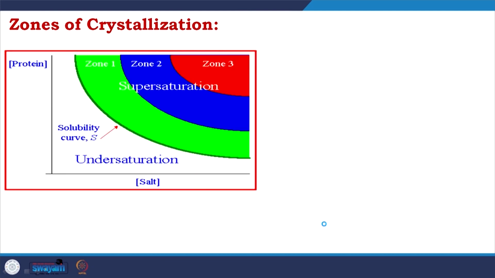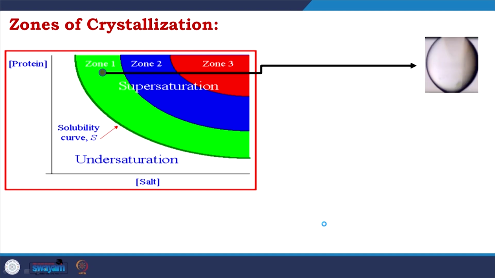Now, what is the effect of controlling? Before going to that, I will come back to what I have already described, the zones of crystallization. You remember the zones of crystallization, there are three zones: the first zone is mostly clear and the third zone is the precipitate, and in between nucleation happens. As I was saying, in the first zone there is no nucleation, you wait a long time, you get slow nucleation and slow ordered growth, so sometimes that is good.